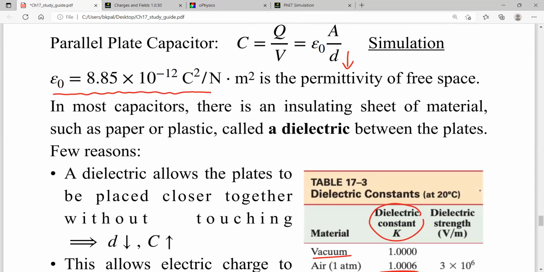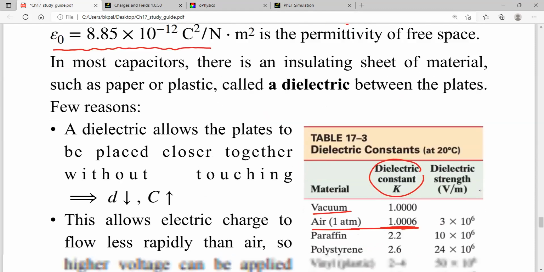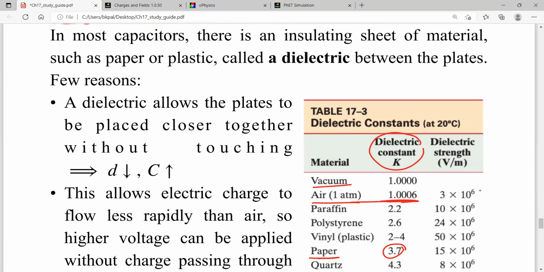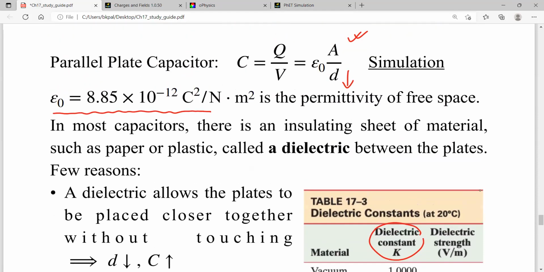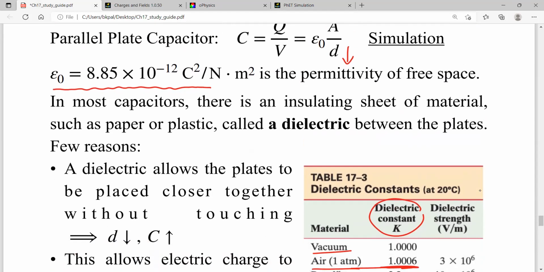Okay, so let's see what is in the simulation. Normally there are two ways we can increase the capacitance. One way is decreasing the separation, and another way is inserting the insulator.